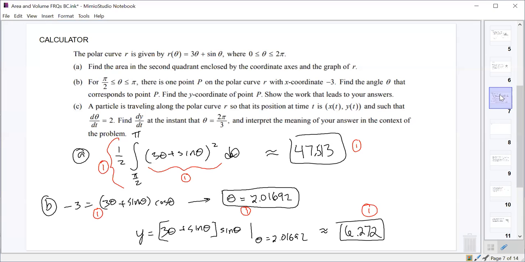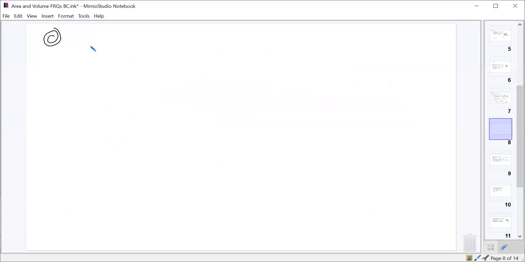And so in order to do that, we're going to need to use the y-coordinate. And so our y-coordinate, as we said a minute ago, was 3 theta plus sine theta times sine theta. So y equals 3 theta plus sine theta times sine theta. And if we are looking for dy dt, that means we need to take the derivative of this side with respect to t also, which means we'll take the derivative of it with respect to theta first.